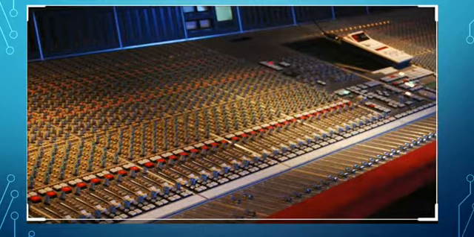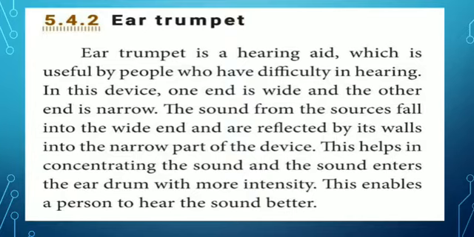Okay, next application, ear trumpet. The ear trumpet is a hearing aid which is useful for people who have difficulty in hearing. In this device one end is wide and the other end is narrow.